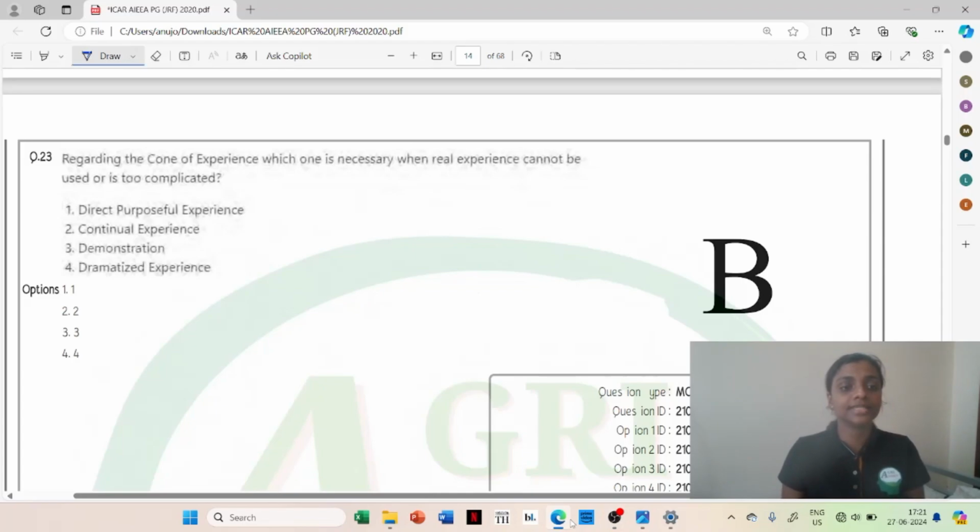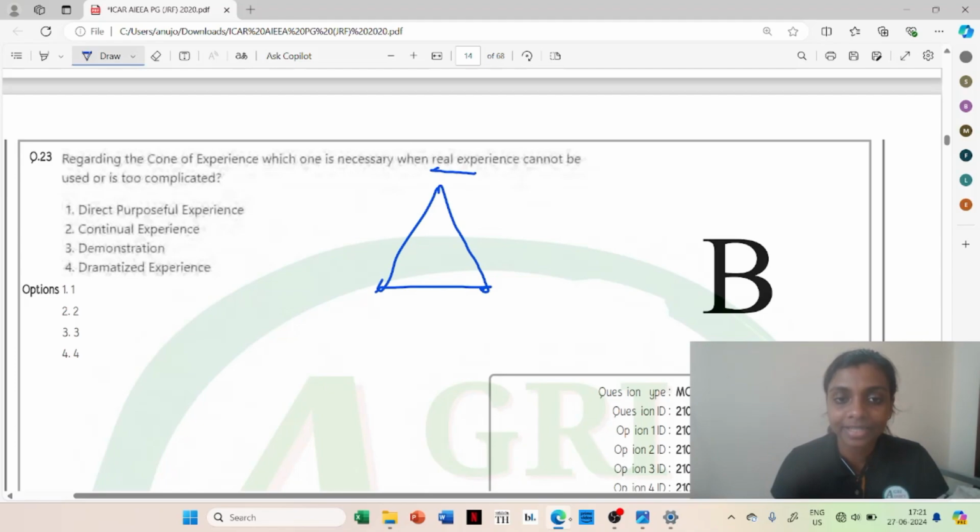The next question is, regarding the cone of experience, which one is necessary when real experience cannot be used or is too complicated? I think all of you remember the cone of experience by Edgar Dale. There will be 10 steps initially. Moving from top to bottom, the level of abstractness reduces.